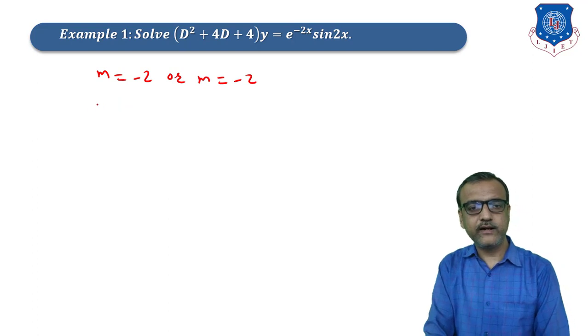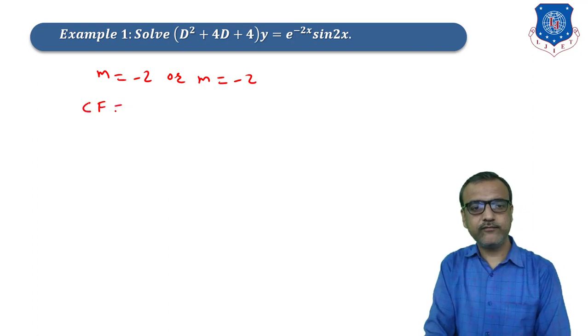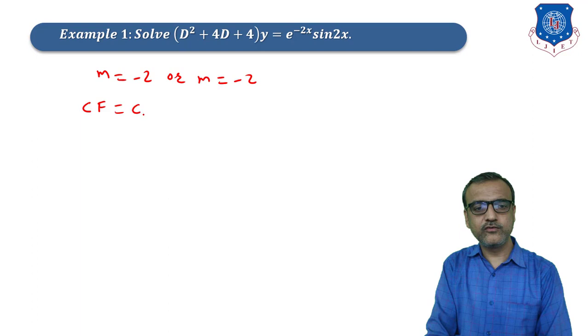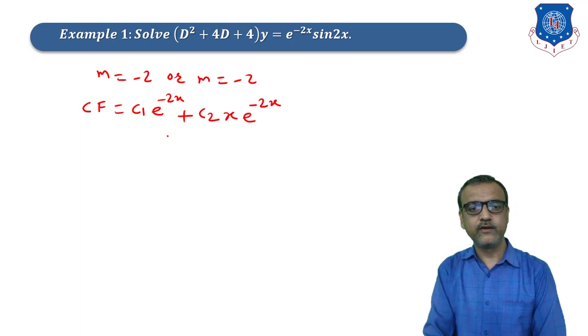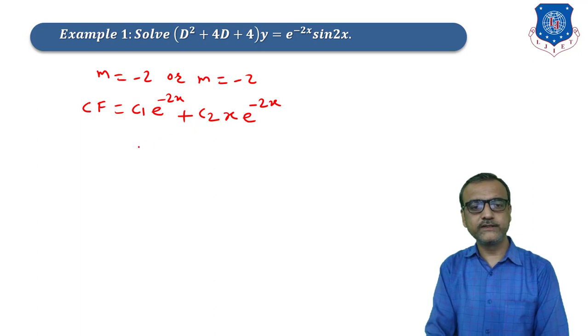Now we will write down CF. For this minus 2 we write c1 e raised to minus 2x plus c2. Now for this minus 2, as this is a repeated root, we write x and then e raised to minus 2x. So this is the required complementary function CF.